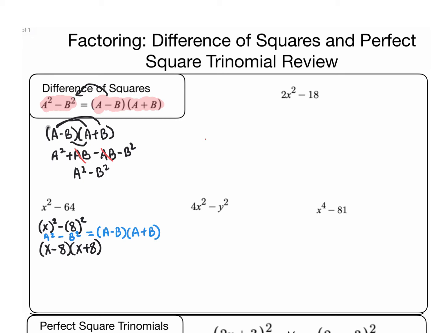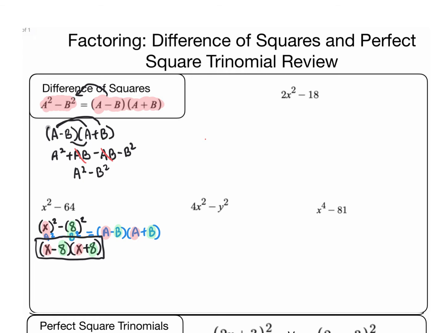You can see that the x and a line up, so all these a's turned into x's, and the b and the 8 lined up, so all these b's turned into 8's. That's how we use that factoring pattern. And once we get that, we know that we're done factoring those two, okay?